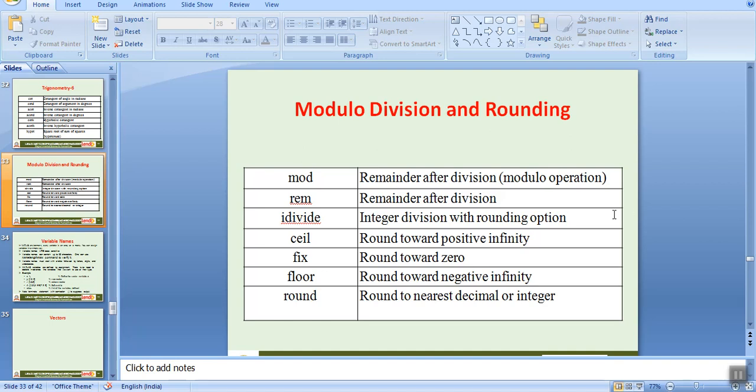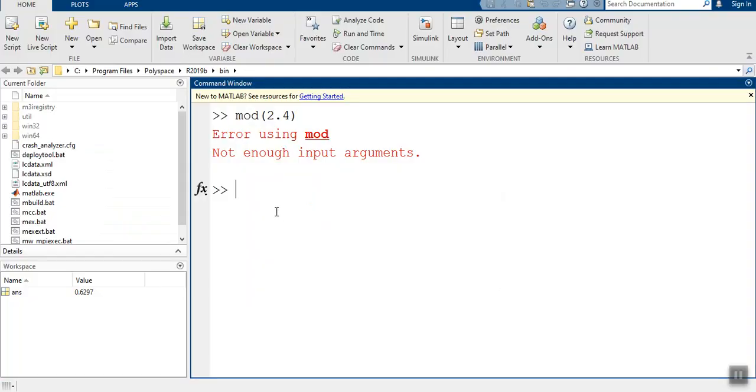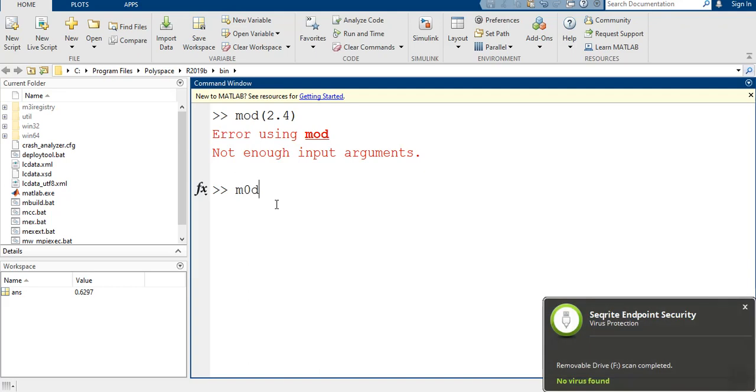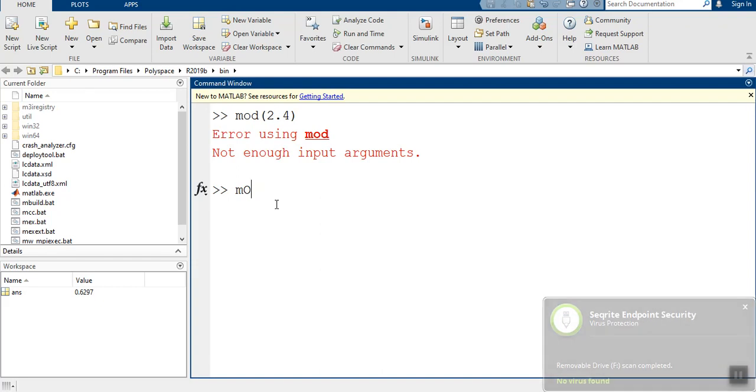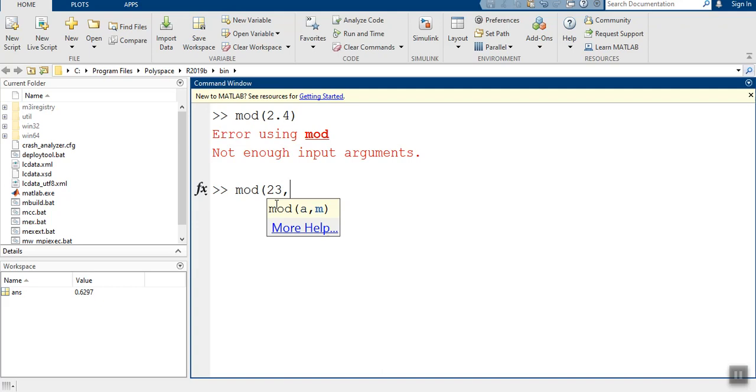Remainder after division. Mod of 23 comma 5. What is the value?